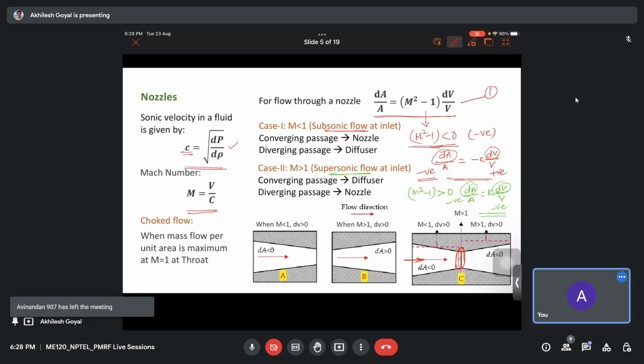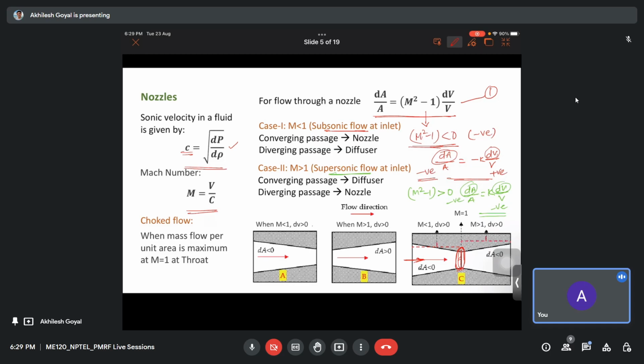Now here is a point: when this fluid achieves the sonic velocity at this point, this is the situation when the Mach number becomes 1, the fluid achieves the sonic velocity, and the mass flow is the maximum, and mass flow cannot be increased above this point.